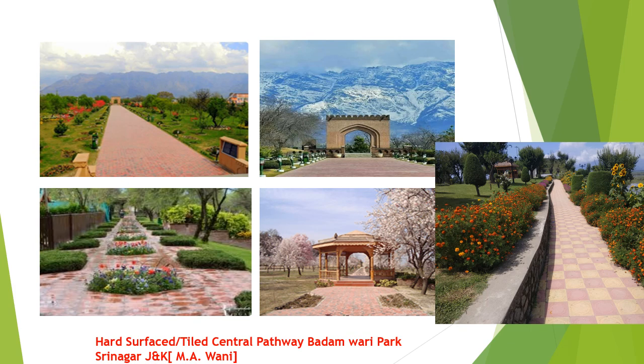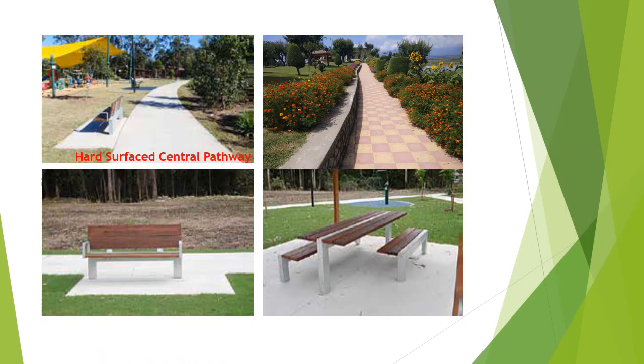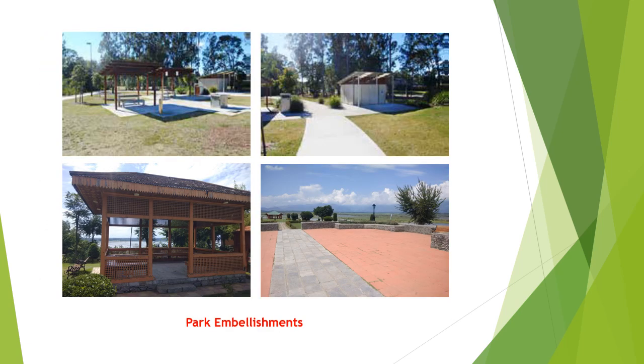Then you have another hard surfaced central pathway. You have to see where the benches are located, whether it is a joggers park or a normal park, and place them nearer to the path. In addition, you have certain park embellishments, a resting place and a site for picnic spots, and these areas are to be connected with the path.